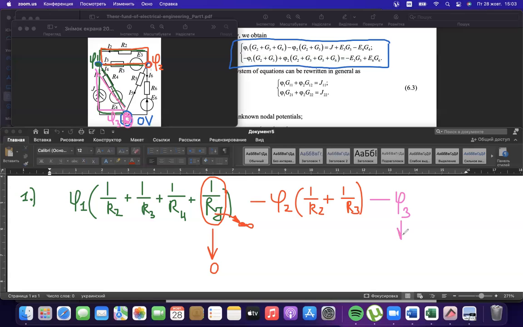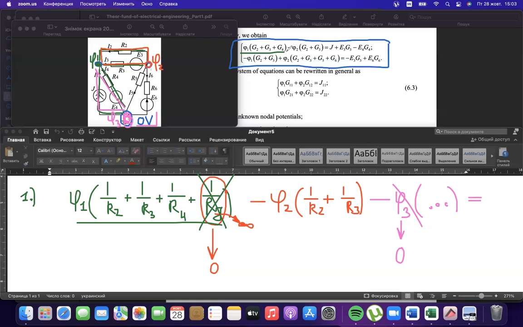But because phi3 equals 0, according to the initial condition, we can neglect it and not write everything connected with this potential. If we look at the starting equation, the main potential with plus, 4 branches near this potential, one of the branches equals 0.